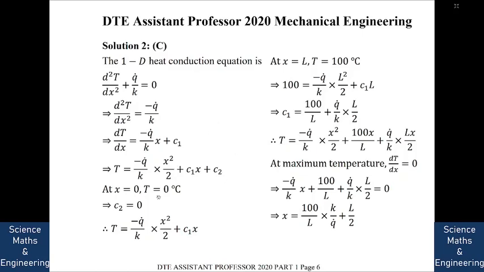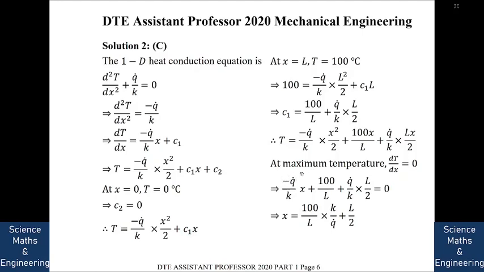Now once we put our boundary conditions, we get T is equal to minus q dot by k into x square by 2 plus 100x by L plus q dot by k into Lx by 2. Now, even if we put T is equal to 273 Kelvin here and T is equal to 373 Kelvin here, then also the same equation we are going to arrive at.